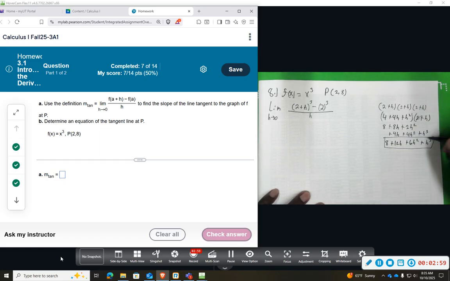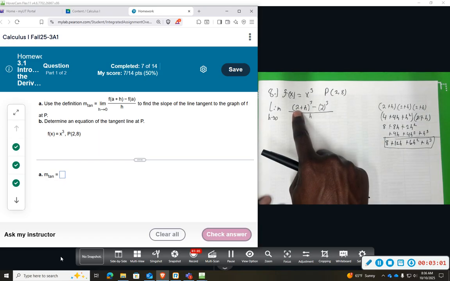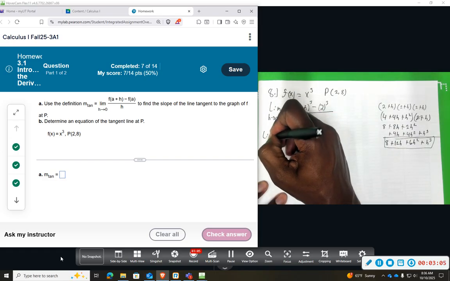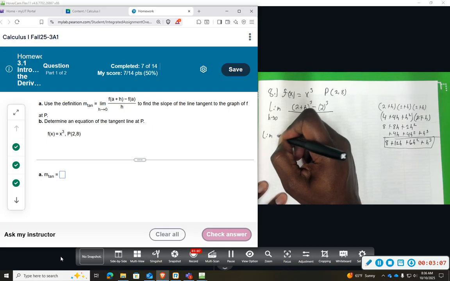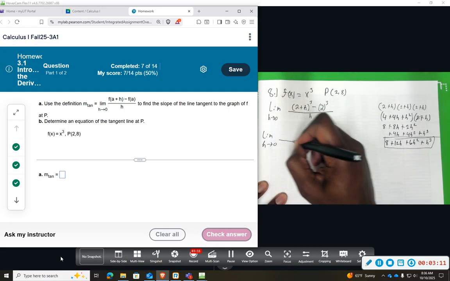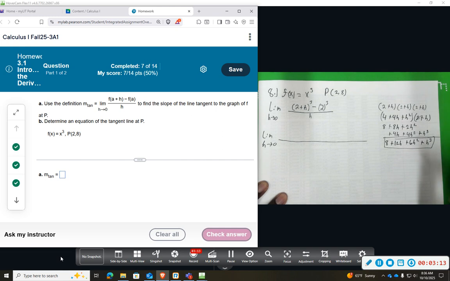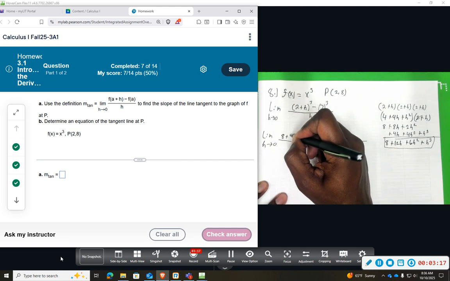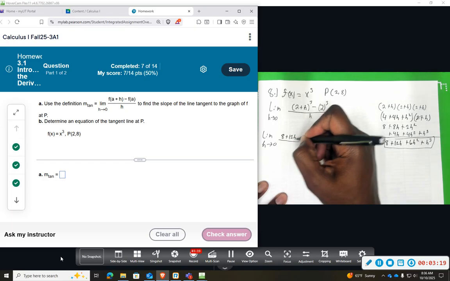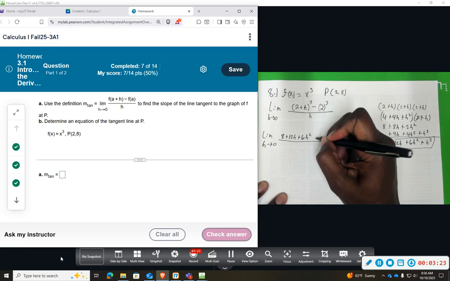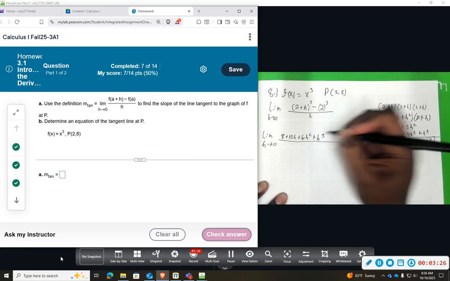So this is our f of a plus h. So we have 8 plus 12h plus 6h squared plus h cubed.